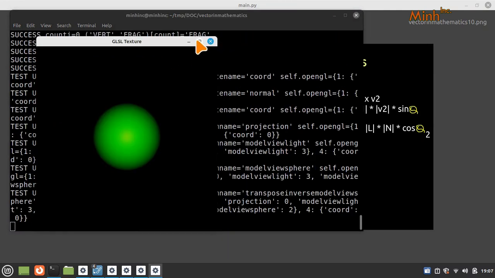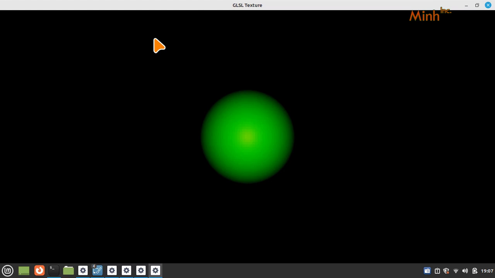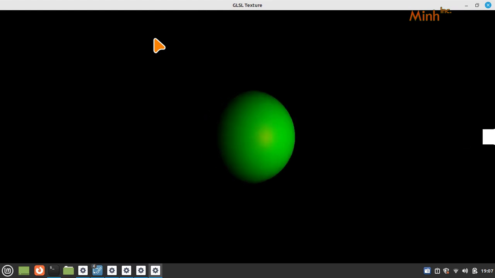So I brought the light. It is getting dark. It's night. Now this is the light source, and we can rotate the light source.